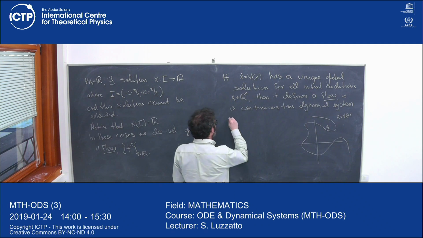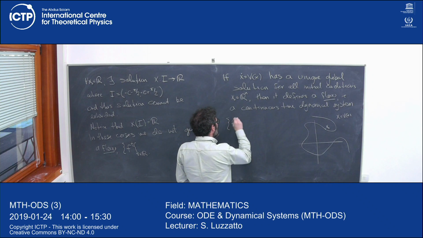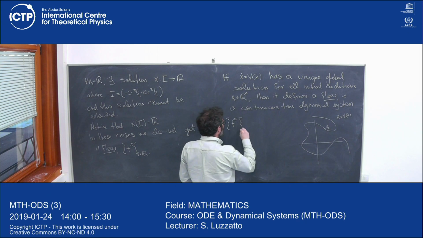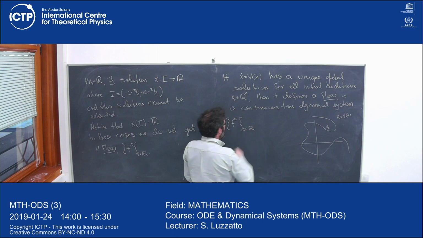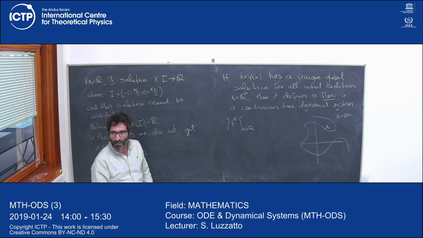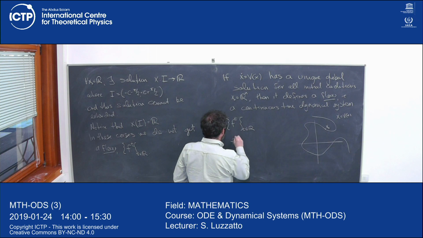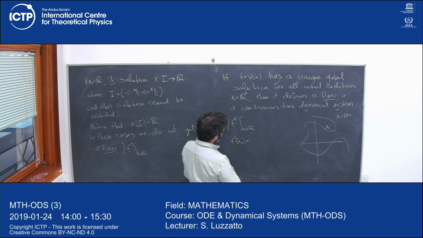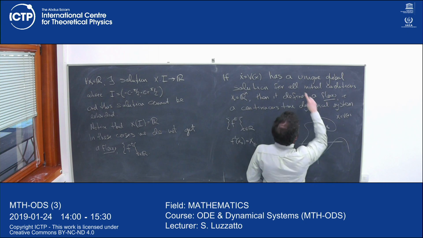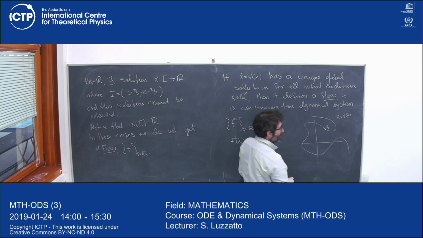We want to define a flow, which, as you remember, is a one parameter group of transformations, t in R. Well, it's easy to define a flow, because for each x0 we define F_t of x0 to be equal to x_t, where x_t is what you get by looking at the solution of the differential equation through x0.